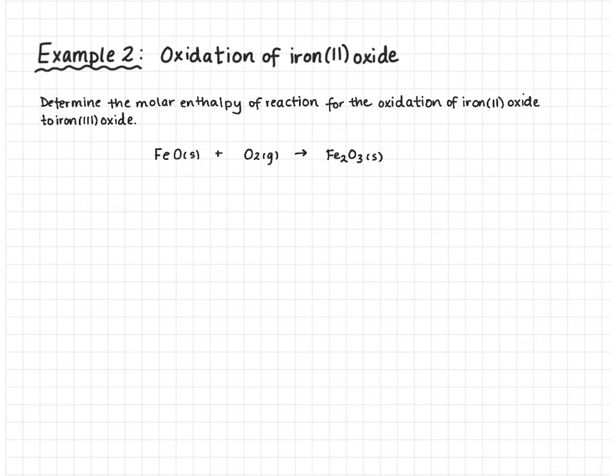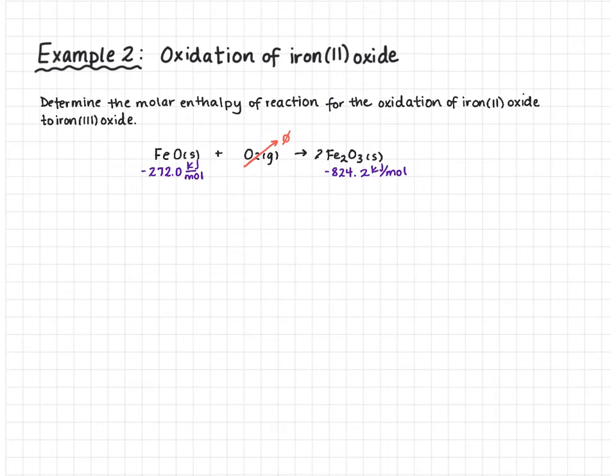We can look up the enthalpies of formation in our booklet. Iron(II) oxide has a molar enthalpy of formation of negative 272.0 kilojoules per mole. Oxygen is an element, so it has a molar enthalpy of formation of 0. And iron(III) oxide has a molar enthalpy of formation of negative 824.2 kilojoules per mole.